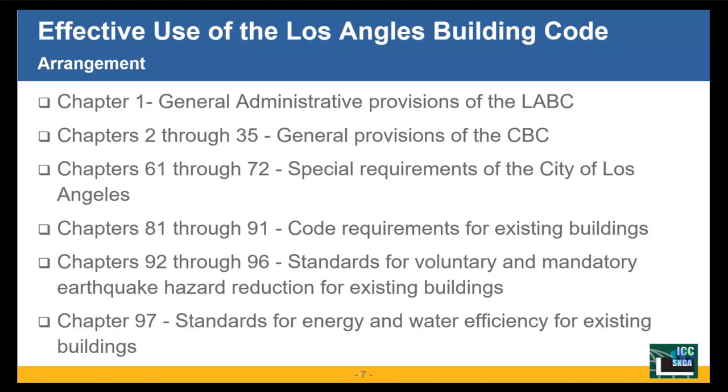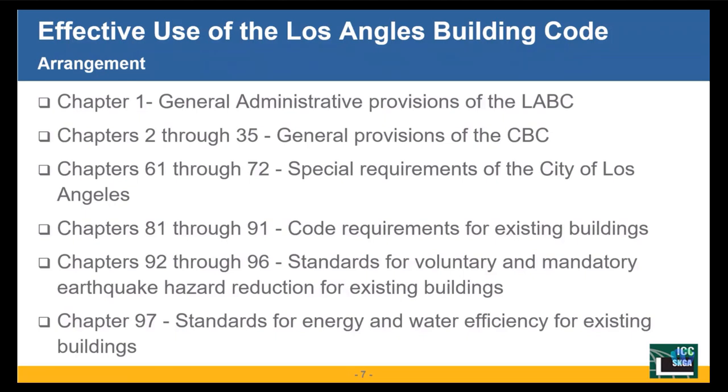So your code, Chapter 1, has administrative provisions. Chapters 2 through 35 are the general provisions of the California Building Code in your code. And of course, Chapter 2 is definitions, and then the related requirements for life safety or non-structural will begin in Chapters 3 through 15. And then the structural or technical requirements will be Chapter 16, and Chapters 16 through 35 will have the reference standards.